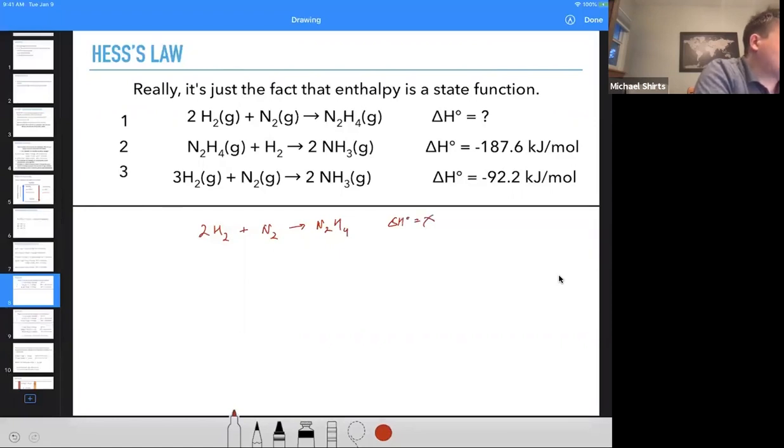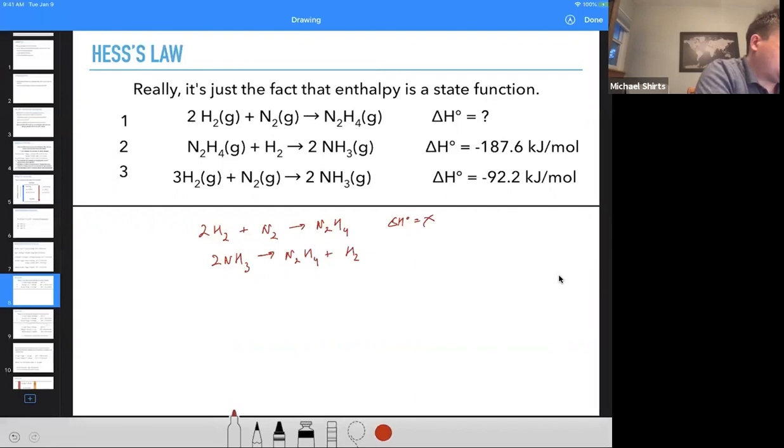And we can rearrange this second equation for producing ammonia to say 2NH3 goes to N2H4 plus H2 gas.